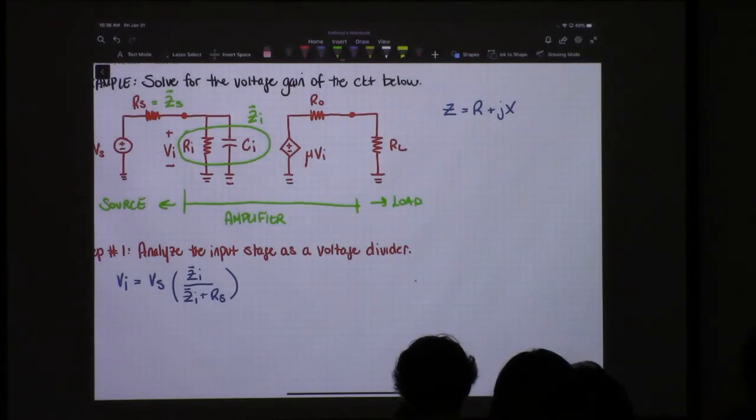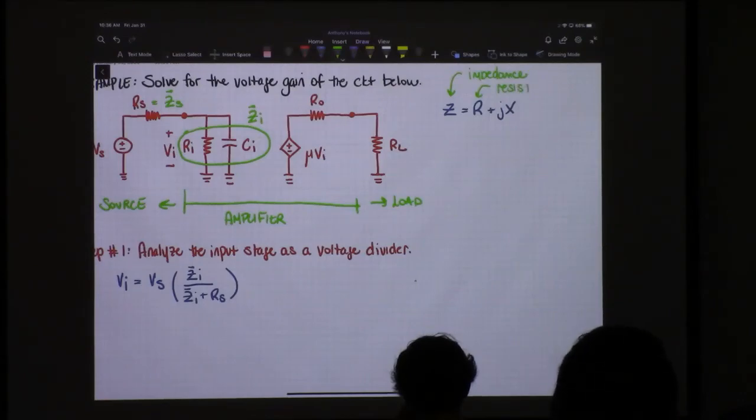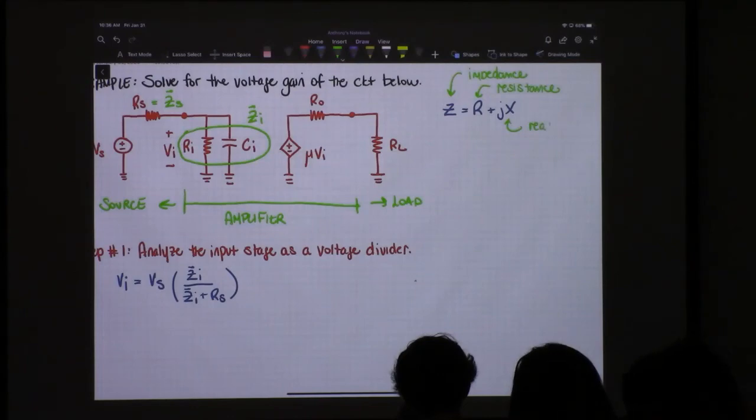So we have impedance, we have resistance, and we have reactance.